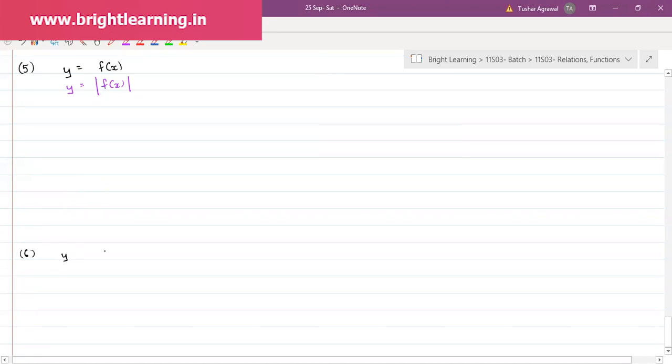y equals f of x is given, and you have to plot y equals f of modulus x. Okay. This is mod of f of x and this is f of mod x. Write the two questions together and then we'll see the graphs.